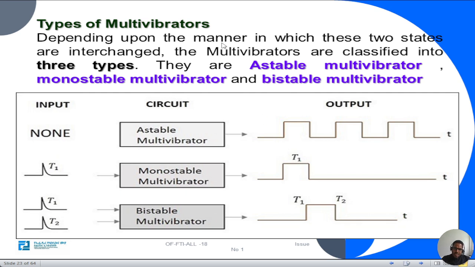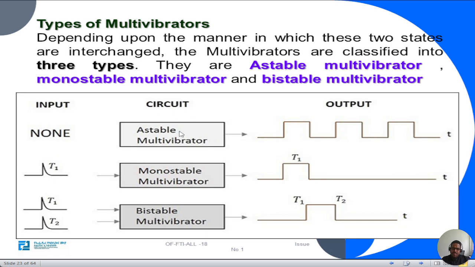So, depending on the manner or the circuit in which the two states are interchanged, the multivibrator can be classified into three types: astable multivibrator, monostable multivibrator, and bistable multivibrator.